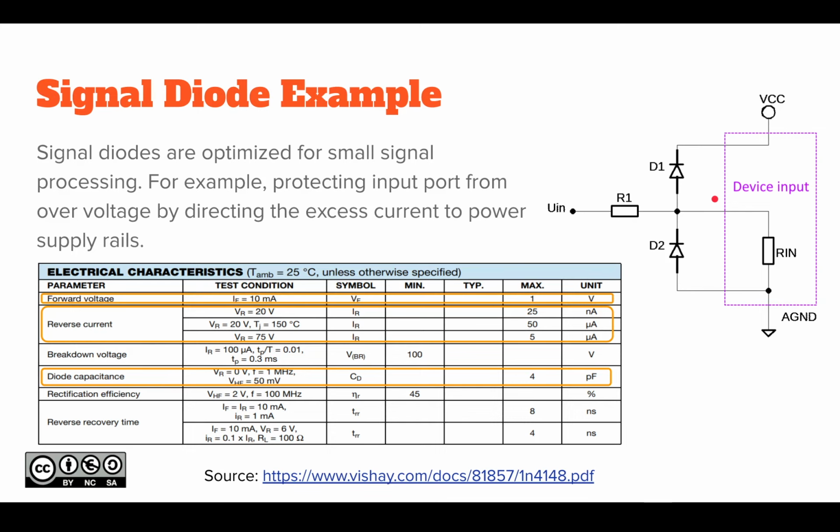And let's see, in this case, it would probably burn this device because this diode forward voltage at 10 milliamp current is 1 volt, meaning at this point you have 1 volt plus VCC.